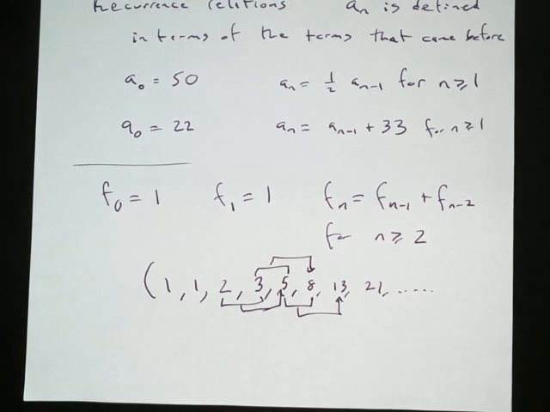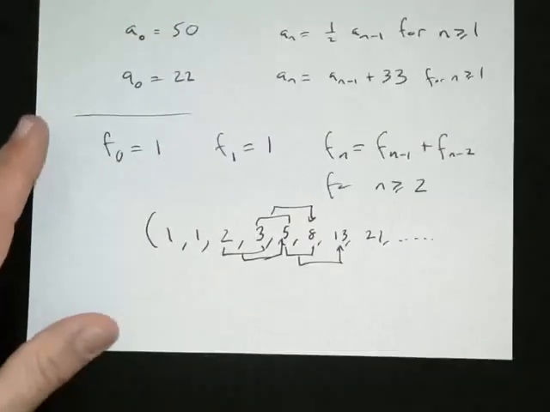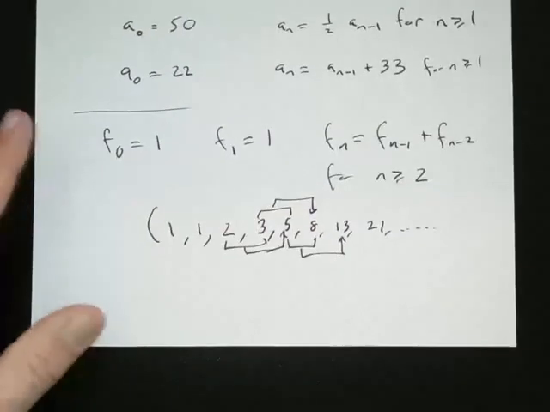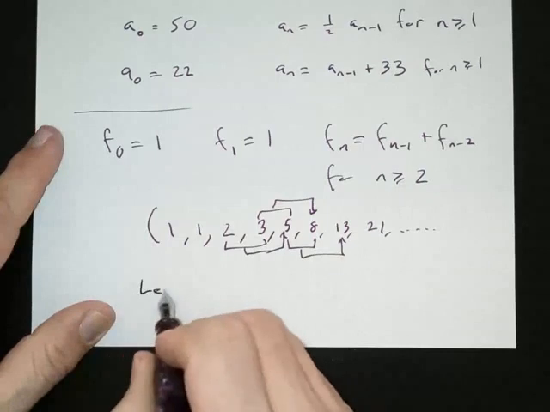This is also a recurrence relation, but it's a recurrence of depth 2. I have to go back 2 numbers. These were recurrences of depth 1. This particular sequence comes from a book written by a gentleman, Leonardo of Pisa, son of Boccaccio.